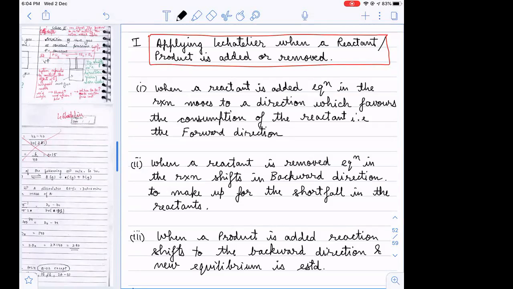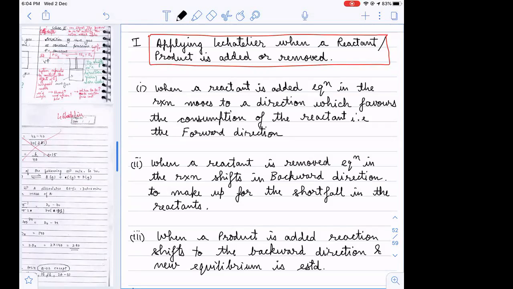What should happen? The reaction should move forward. And when a reaction moves forward, reactant is reduced. We write C minus X. So what is C minus X for the reactant? The concentration is reduced by amount X. So definitely the reaction will move in a forward direction.